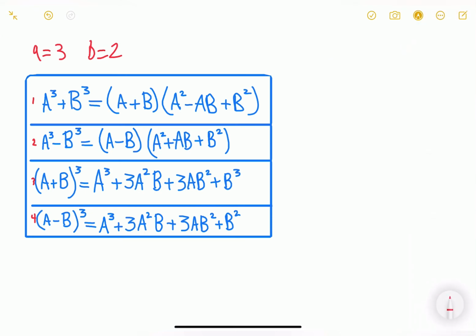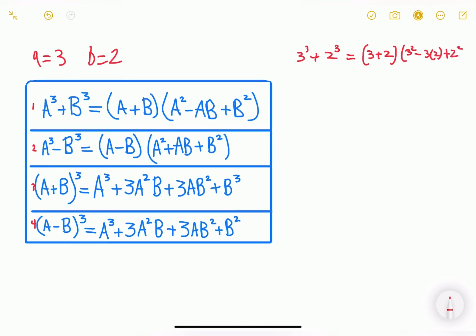We have the first rule saying 3 cubed plus 2 cubed equals 3 plus 2, and then 3 squared minus 3 times 2 plus 2 squared.